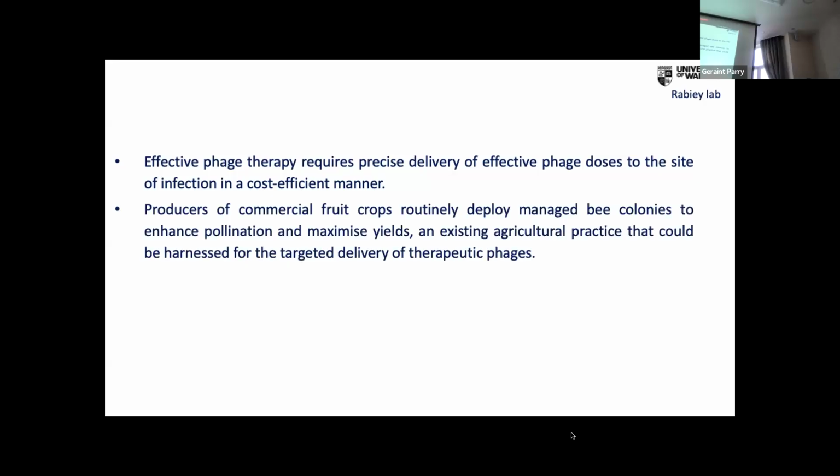The producers of commercial fruit, the cherry farmers, always have bumblebees on the farm. They use them to enhance pollination and maximize yield. So this is an existing and routine agricultural practice.